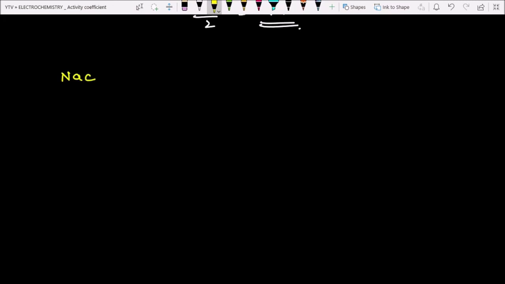Let's take some simple salts: NaCl, then CaCl2, then BaSO4, and then Na2SO4. Just find out how the cation and anion are. Here the cation is univalent, right? For univalent, we discussed I is equal to C. Na, the cation, I'll write as A plus, and the anion is B minus.